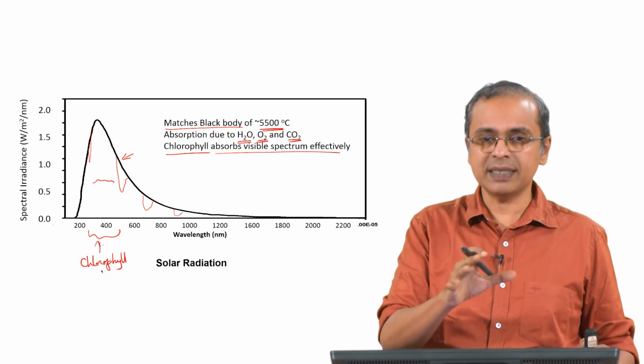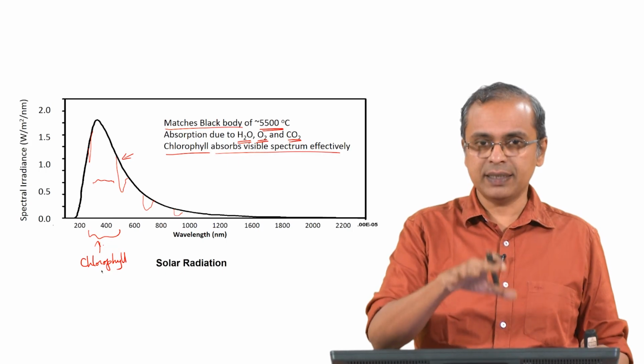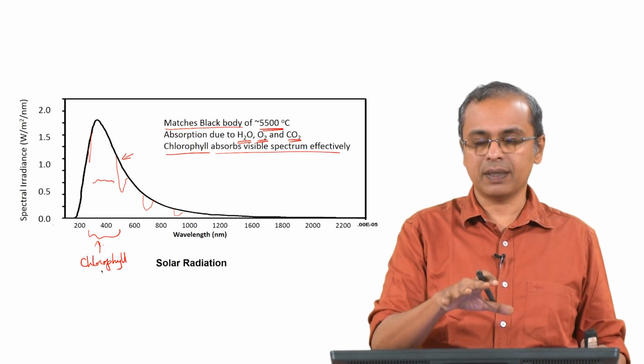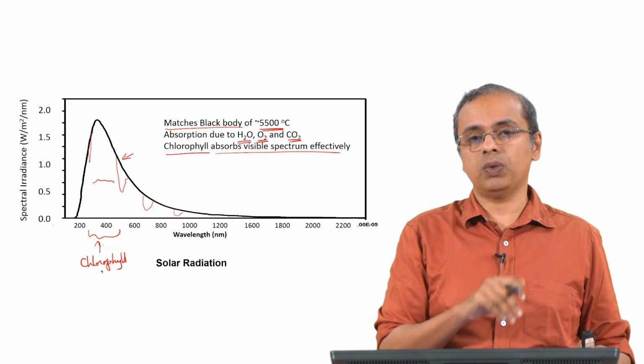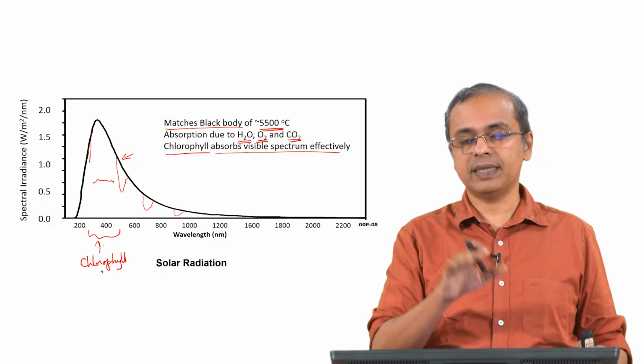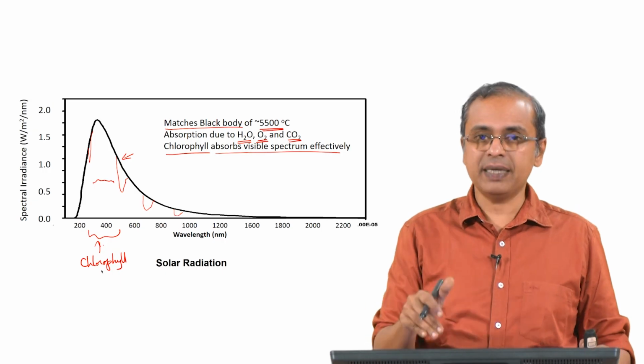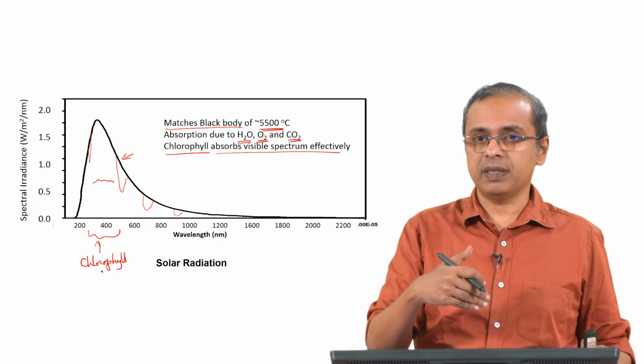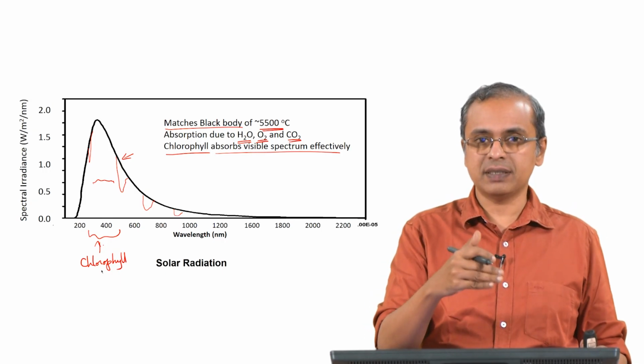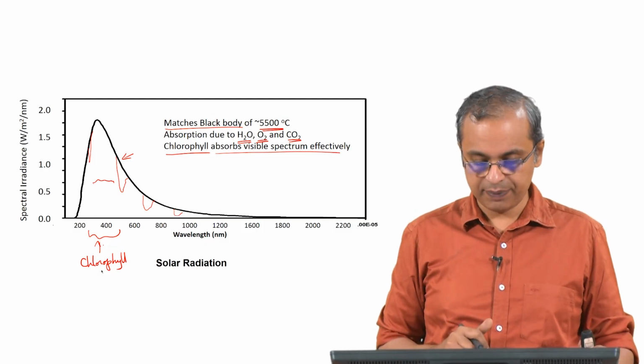Okay. So, that is the reason why it was of interest, and that is the reason why I have spent some time in this class looking at the solar spectrum, looking at electromagnetic radiation in general and the solar spectrum in particular, because it tells us a lot about what is happening in nature, and what is possible from our perspective when we try to make devices that take advantage of the solar spectrum.